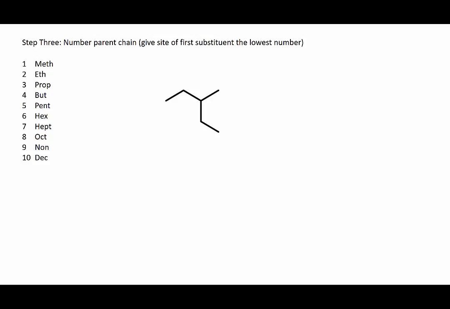Next up, we need to number the parent chain. We know that there are 5 carbon units, but we need to be able to give this substituent the lowest number. So in this case, we can say that this is 1, 2, 3, 4, 5. Or you can number the other way, which would be 1, 2, 3, 4, 5.